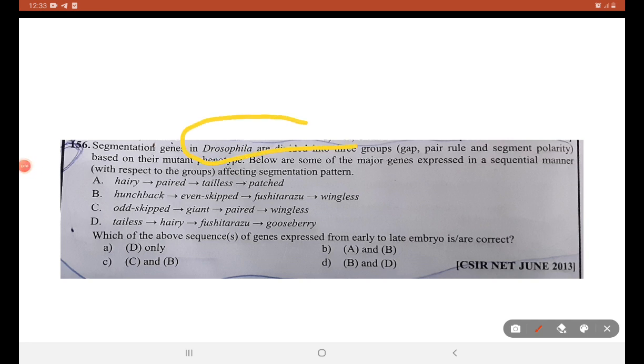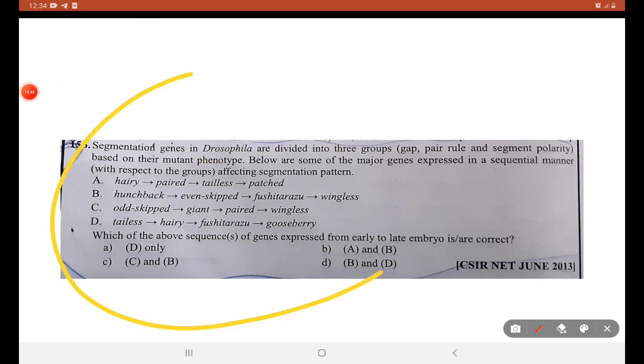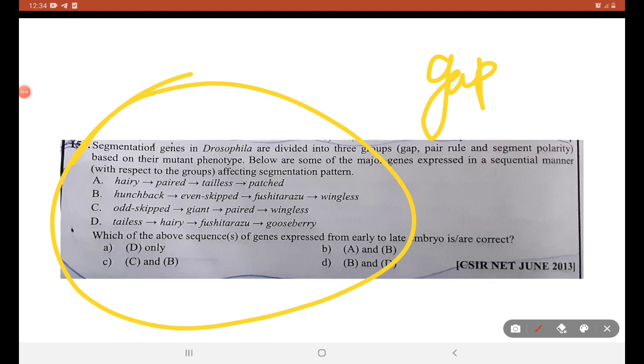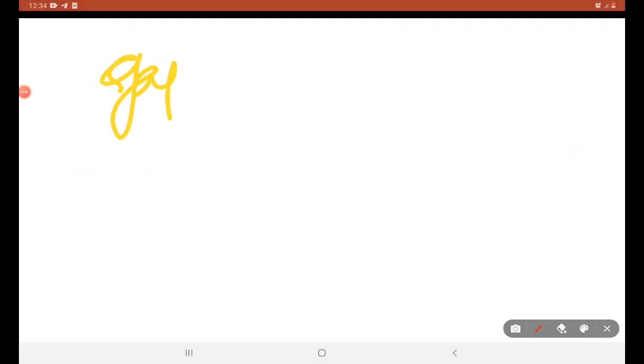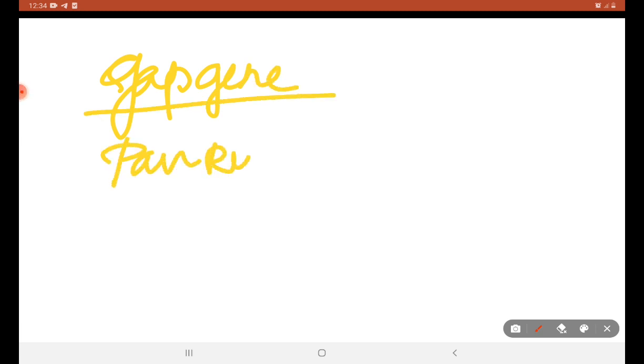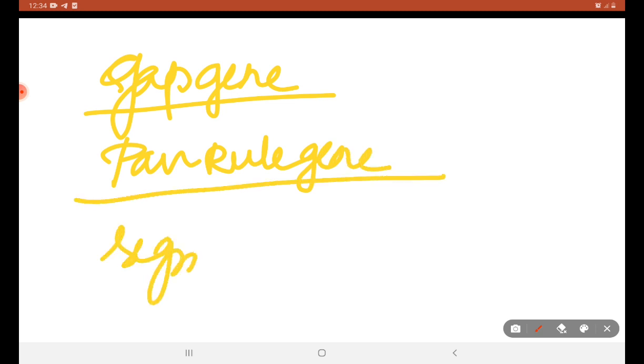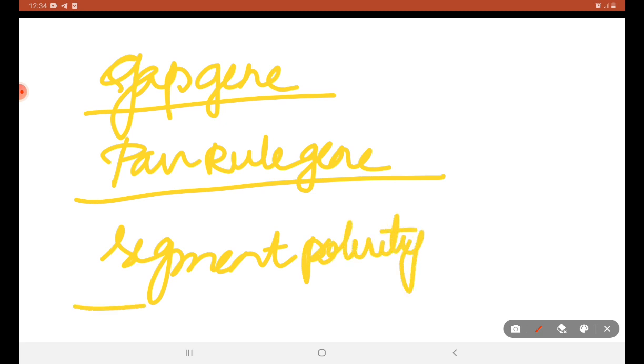So this is the segmentation topic in Drosophila. These are the concepts. There are three groups: gap gene, pair-rule gene, and segment polarity gene, and also the homeotic gene.